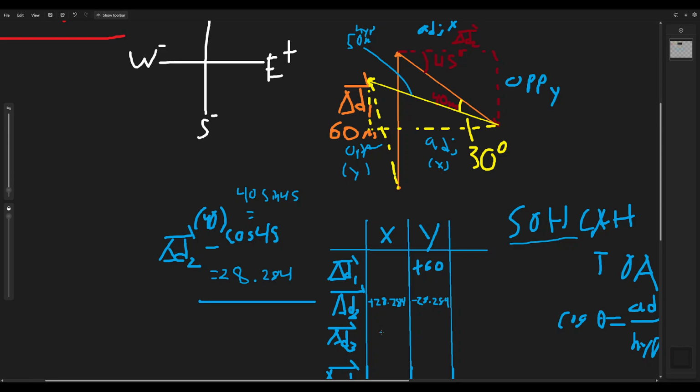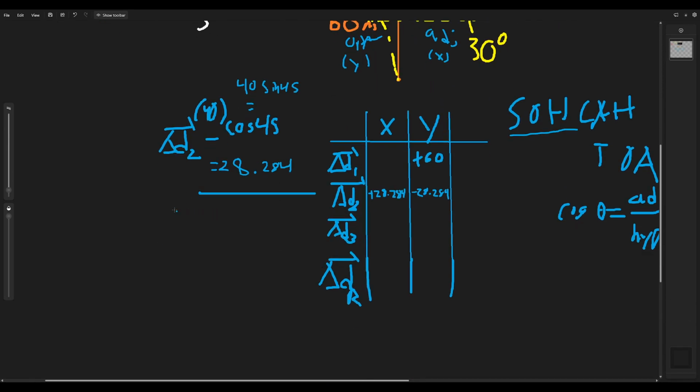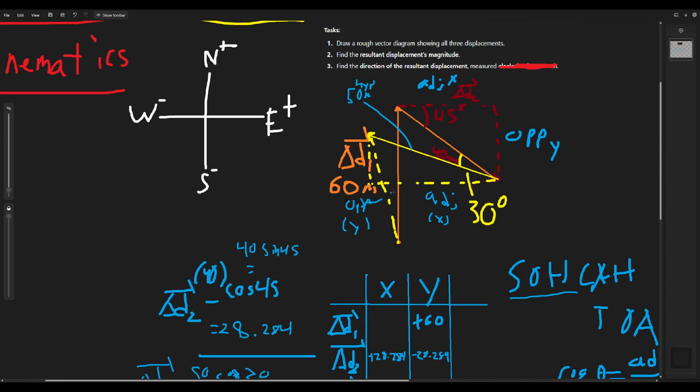So for x, the adjacent, we would use cos. Oh no, 50 cos 30. So 50 cos 30, that gives me about 43.3. And let's just do the other, the opposite, real quick.